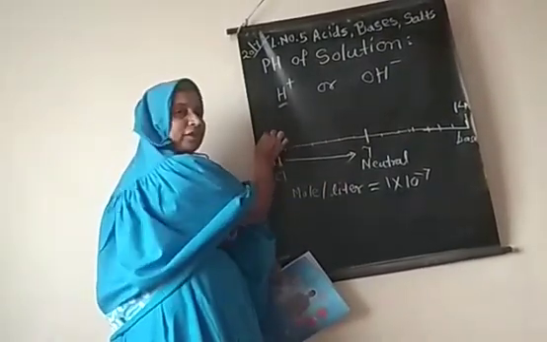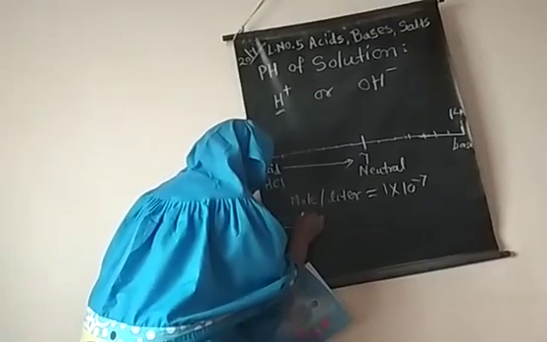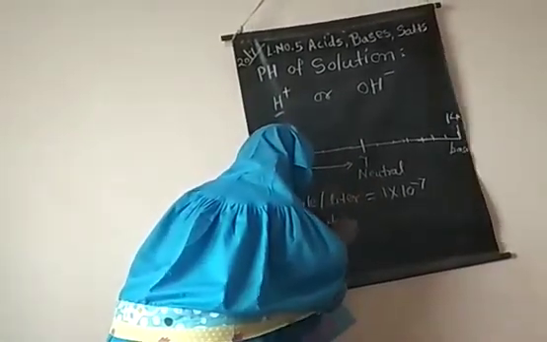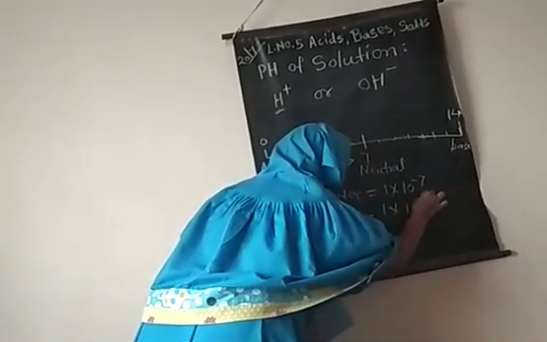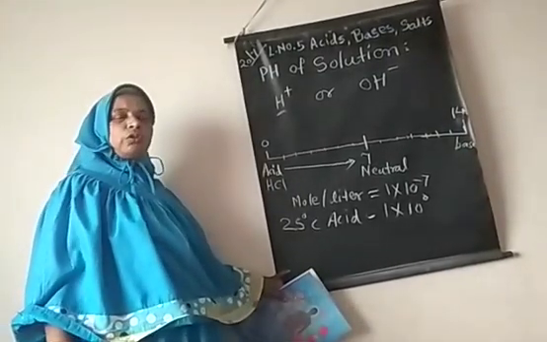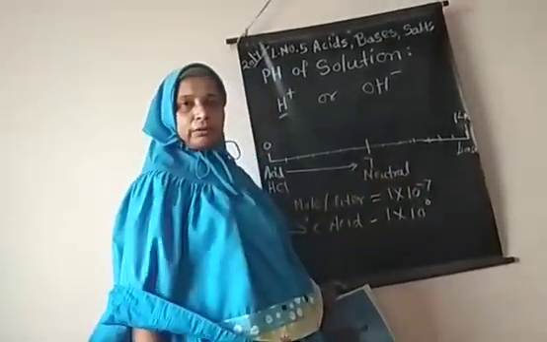Now in the case of acid, it is 0. So at 25 degree centigrade temperature, acid shows 1 multiplied by 10 raised to 0. Any number raised to 0 is 1.